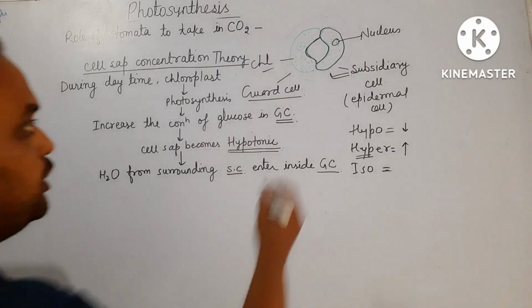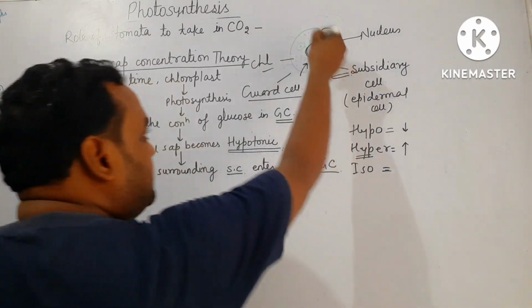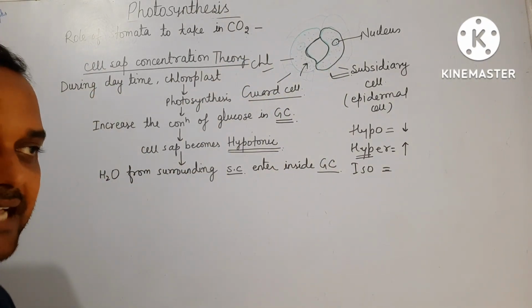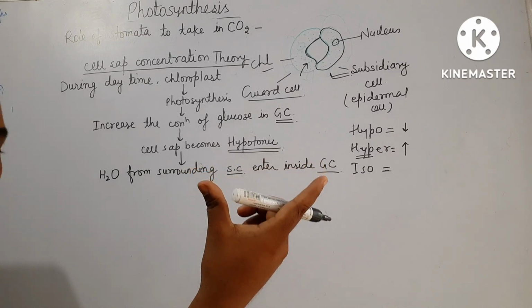So water molecules will diffuse from here to here, and the guard cells contain more water. As a result, the volume will be increased and the stomata will be open.